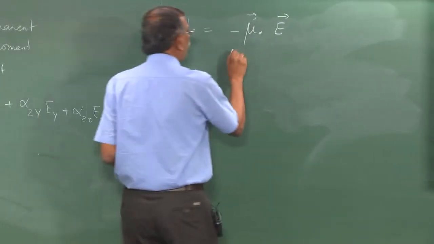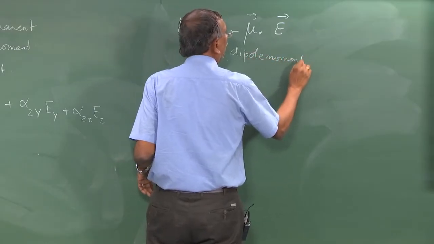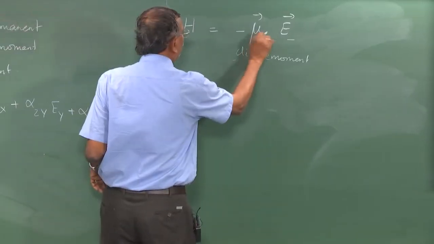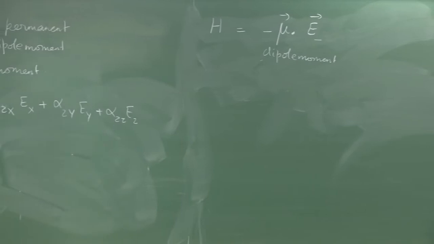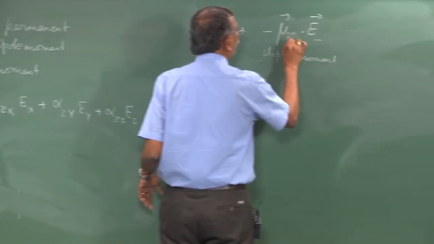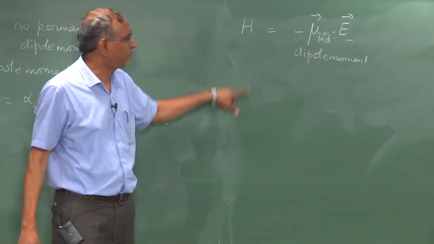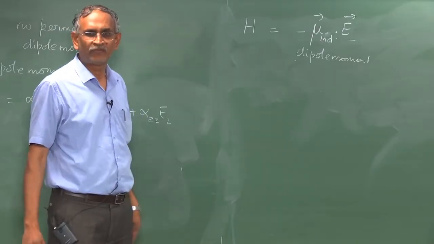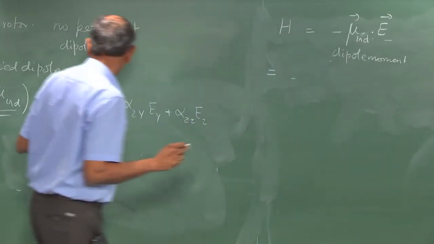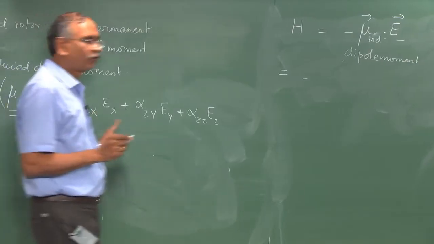The mu is the dipole moment vector and E is the electromagnetic radiation, and therefore this mu is due to the mu induced, and so the Hamiltonian due to this mu induced is responsible for the transition. This is the one which leads to the transition between rotational levels. So this mu induced is now a function of two coordinates or two directions.